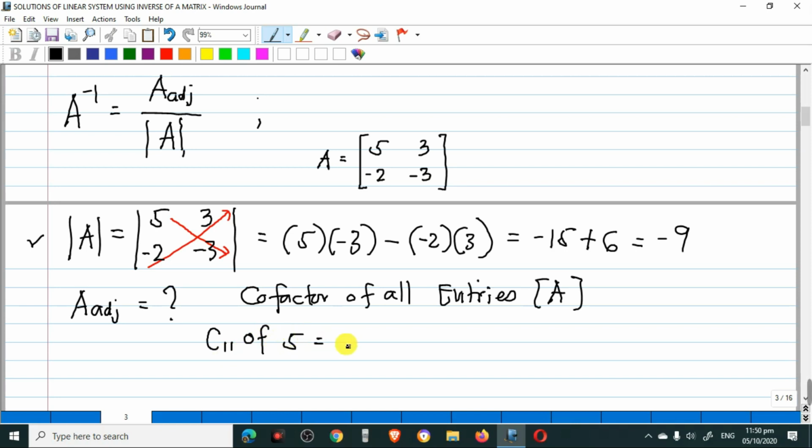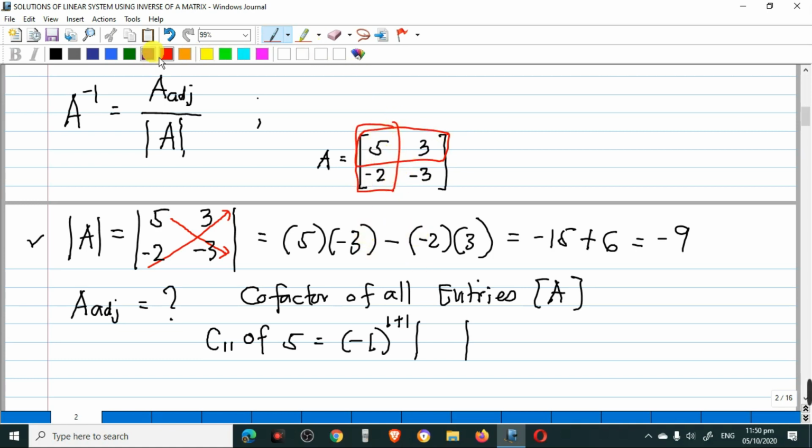Is equals to yung negative sign mo muna, then raise yung i plus j, which is meron tayong 1 plus 1. And multiplied by yung determinants ng remaining matrix mo after you mark or omit nung entry mo. Okay? Since we are considering the cofactor of 5, so tanggalin mo o i-mark mo yung entries na madadaanan nung intersection niya.